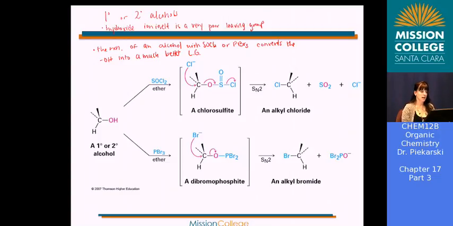And so I'm not going to go through the full mechanism here, but I do show you the intermediates. I did want to show you the structure of thionyl chloride. That sulfur there is very partially positive, right?